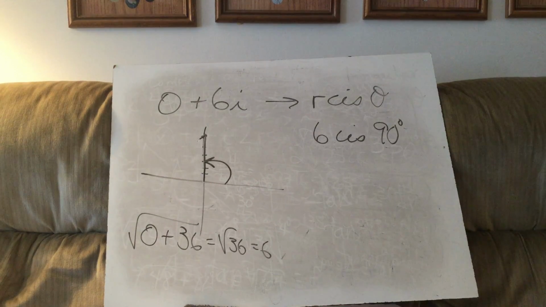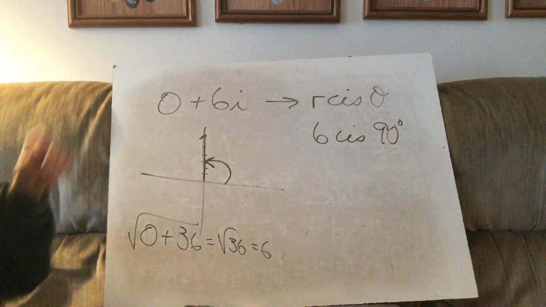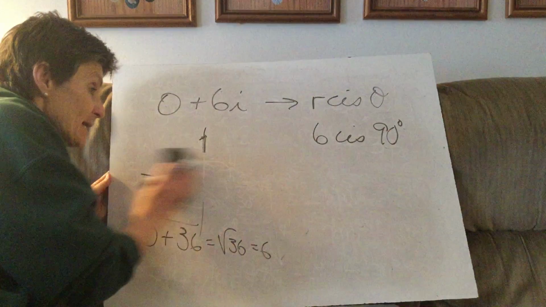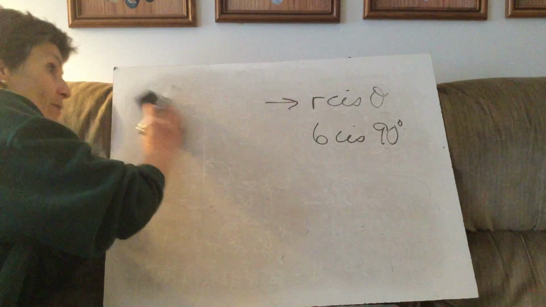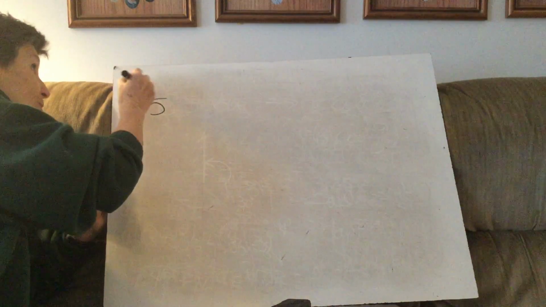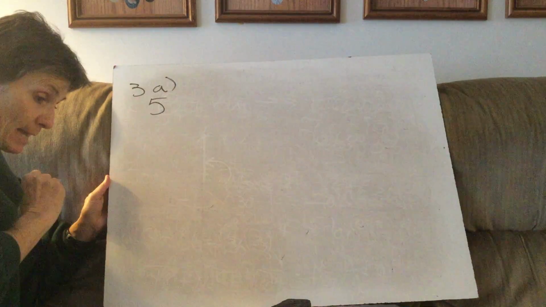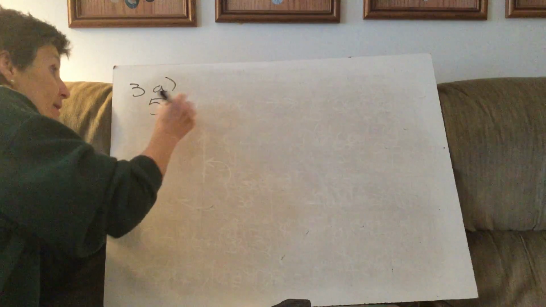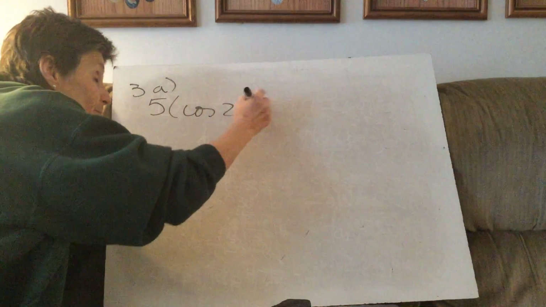The next section is the opposite of this, and it is the easier of the two sections. We're going to take a number. This is 3a. And the number is written out in long form.